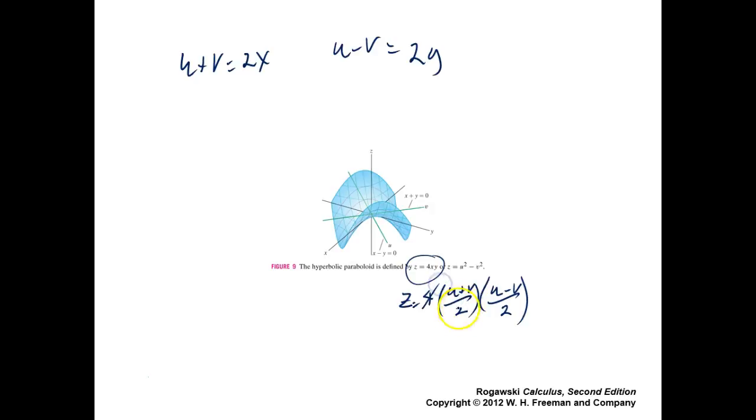The 4 and the two 2's cancel out, right? And what you're left with is u squared minus v squared. So sure enough, with this substitution, that gives you exactly the same form.